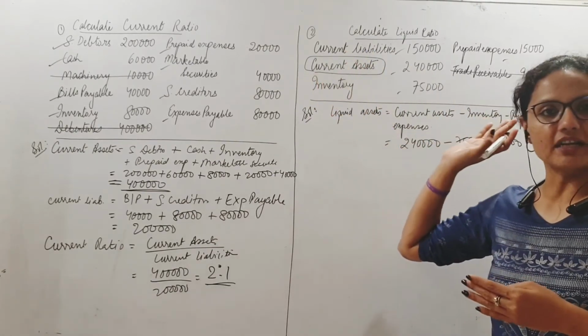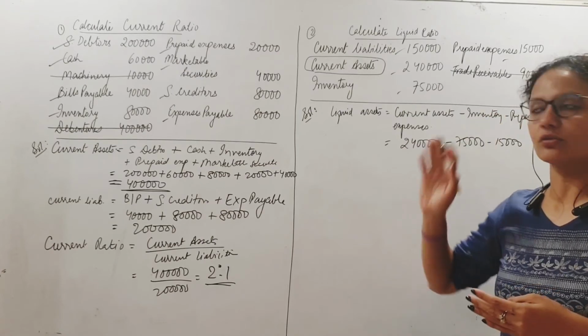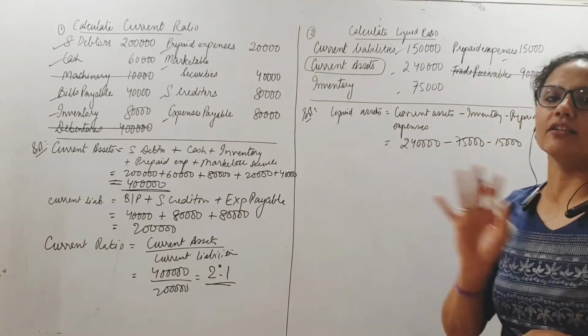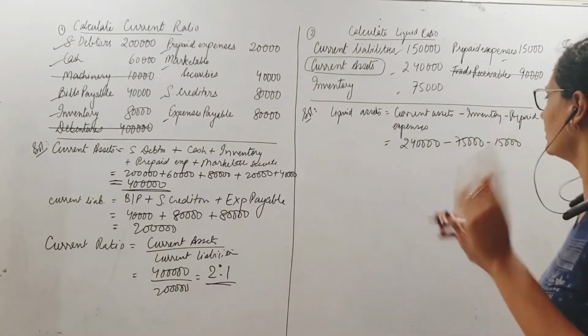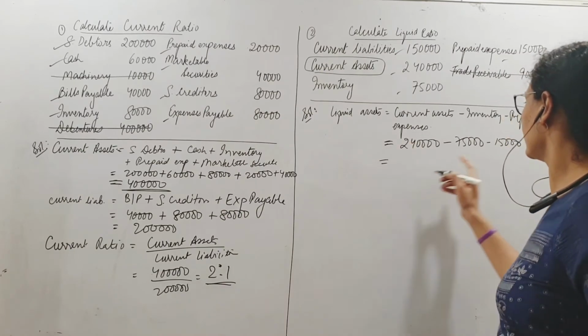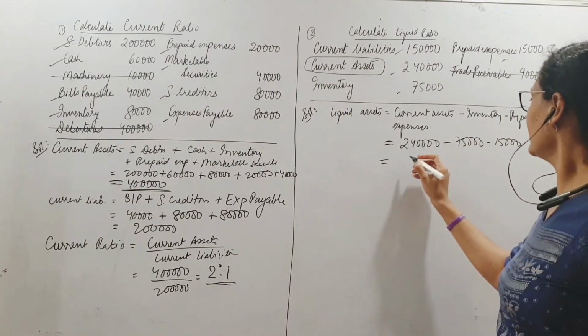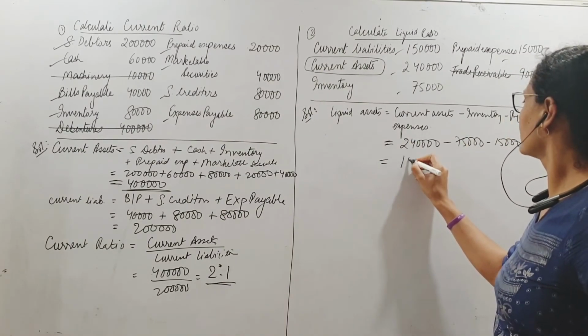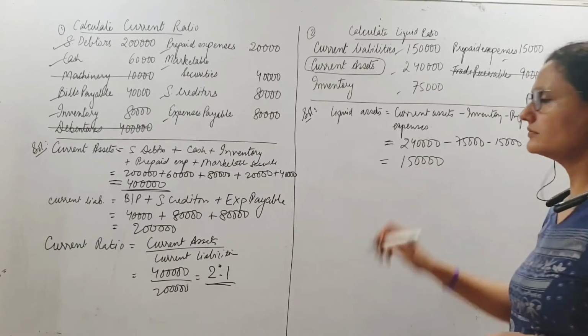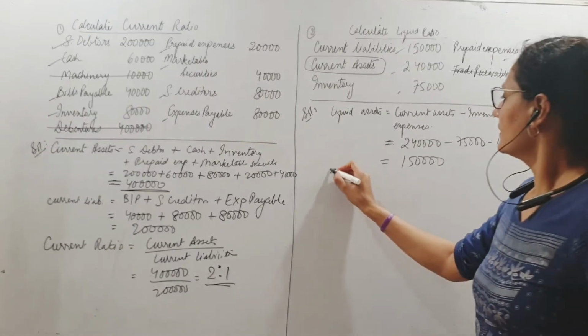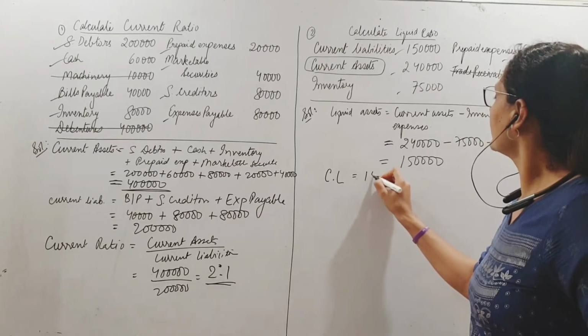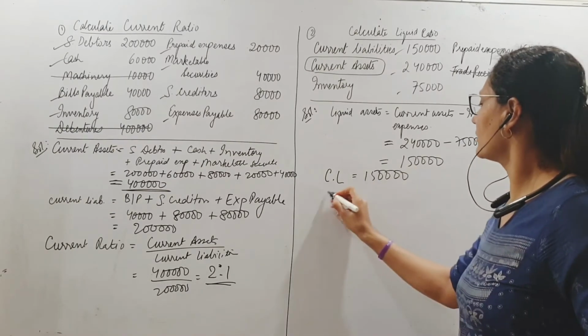And I don't have to subtract trade receivables for liquid ratio. Therefore, I don't need this information. Cut it out. Strike off all unnecessary stuff that is given to you. This is 90, so it is 1,50,000. Is your liquid assets. Current liability is already given as 1,50,000.